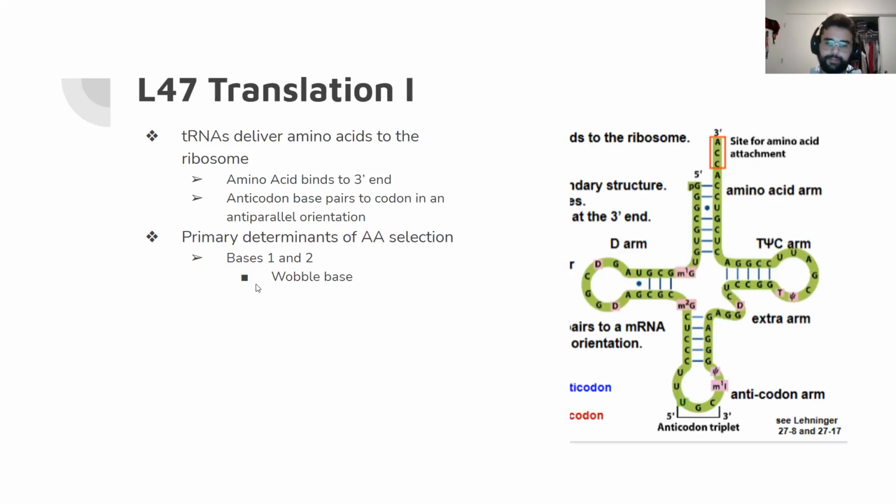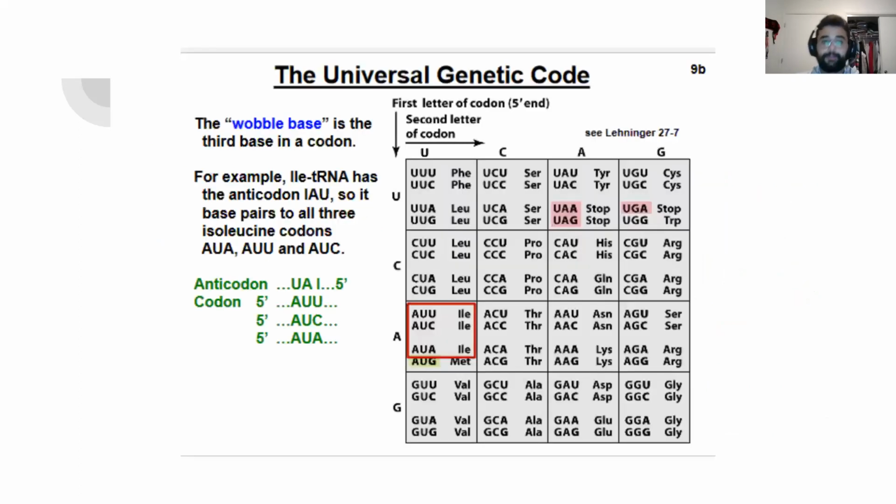The primary determinants of amino acid selection are bases 1 and 2. Remember, our codon has 3 bases. So bases 1 and 2 are the most important bases for our amino acids, and our third base is considered a wobble base. A wobble base is a base that doesn't really determine what amino acid it becomes.